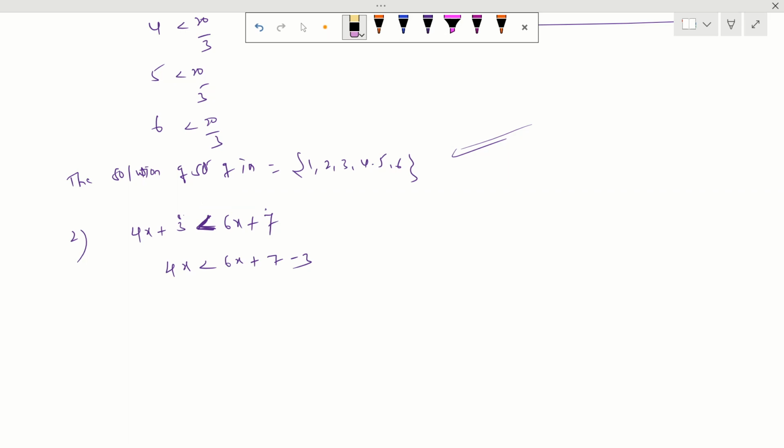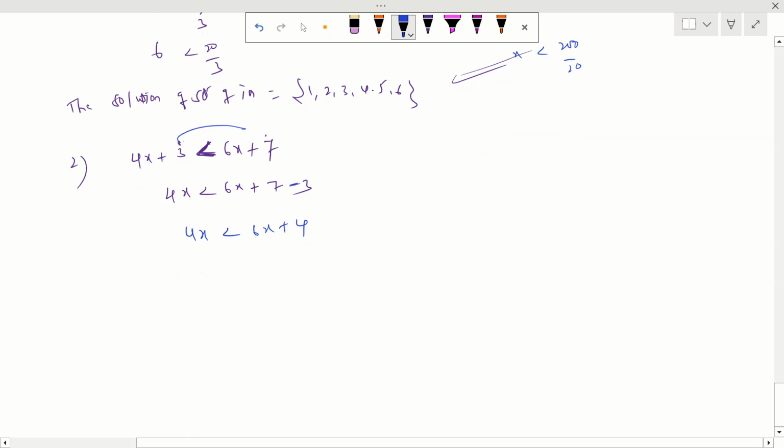Suppose here 20x is less than 200, when we take this side, it will be only one term, so this will be divided: x is less than 200 by 20. When we are taking this side, plus will get minus, then it is 4x less than 6x plus 4, right?